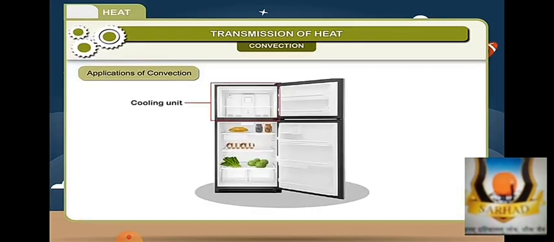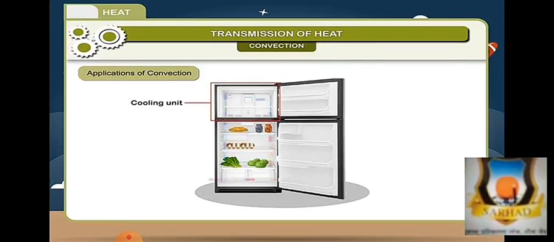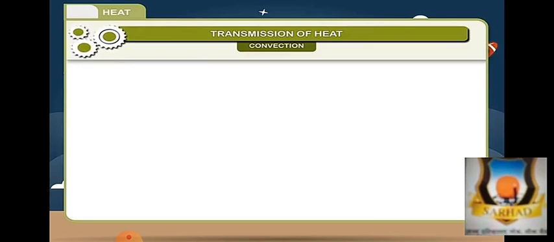Two: the cooling unit in a refrigerator is fixed near the top of the fridge. The reason is that hot air becomes lighter and rises up, and when it comes in contact with the cooling unit, it becomes cool and comes down. Hence, all the articles inside the fridge remain cool.